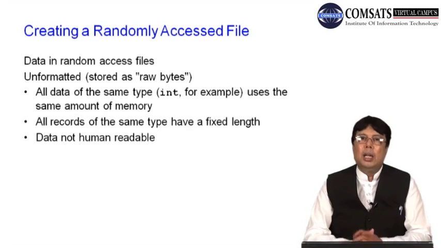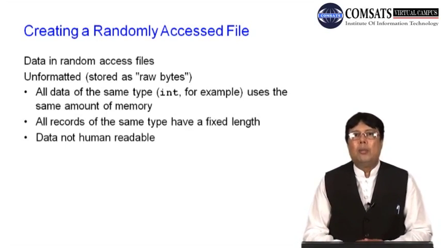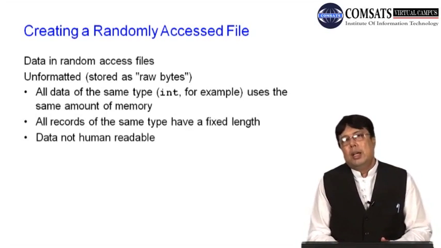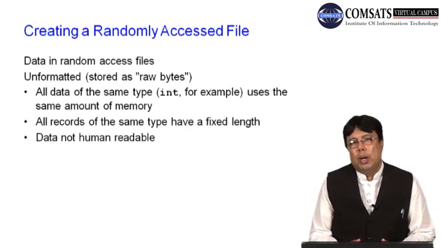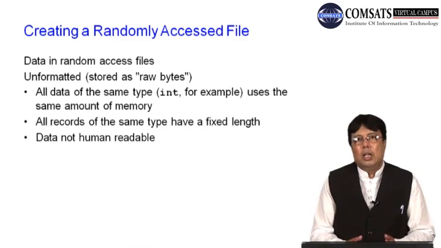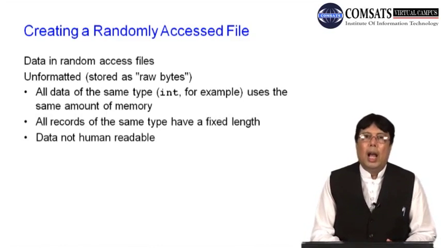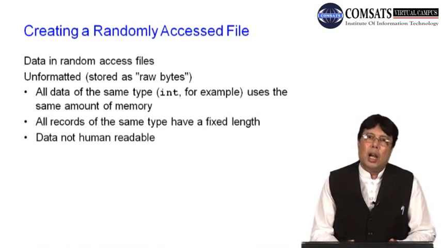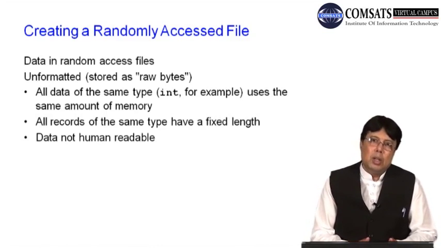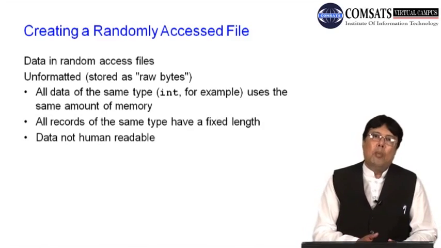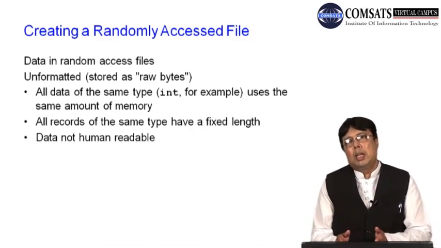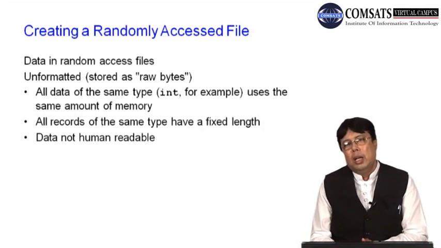Raw bytes means in its own format, the format known by the compiler and the system, the directives of the operating system, how this data should be stored, what should be the size of floating data, and its internal representation, how many bits are there for the mantissa part and how many bits for the exponent part.